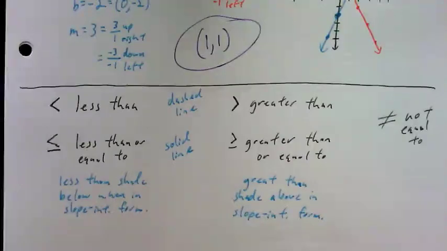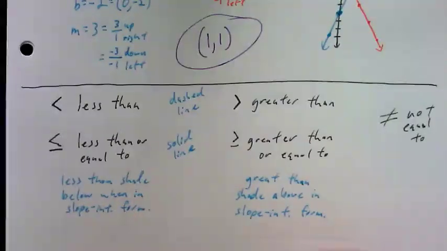Once you plug it in, you have to see, does it give you a true statement? If it gives you a true statement, then you can shade on the same side. If it doesn't give you a true statement, then you shade on the opposite side. So again, it adds a couple extra steps to the process. If you change it to slope-intercept form first, then you can just base it off that y value. All right. So now, we have our main idea there.